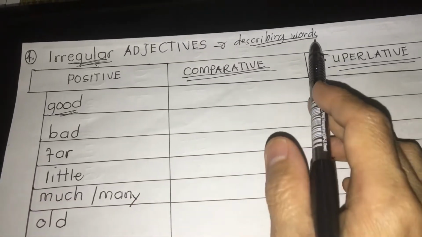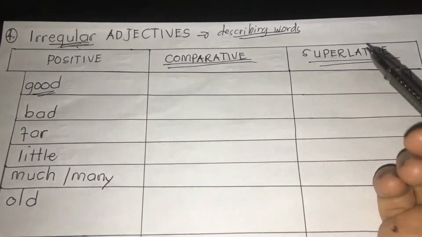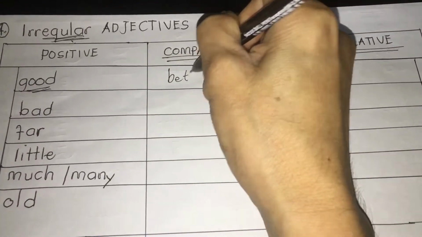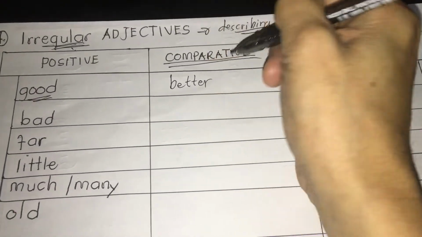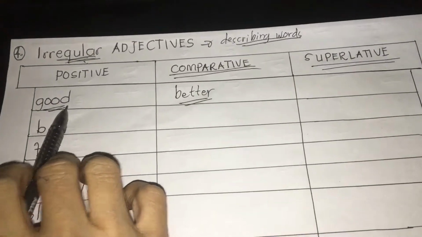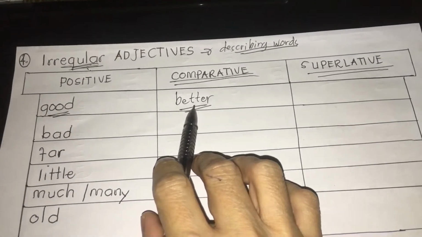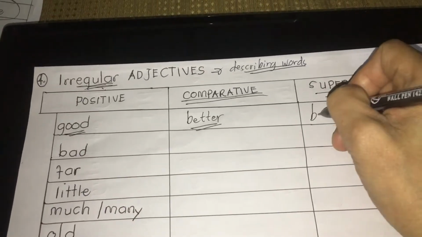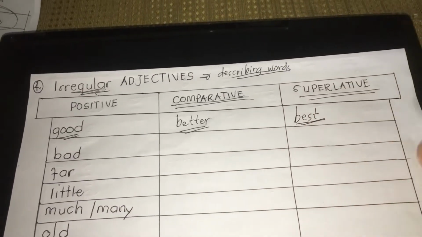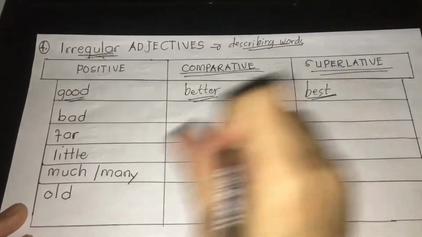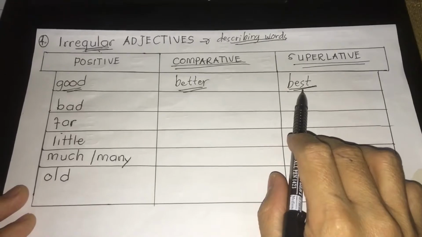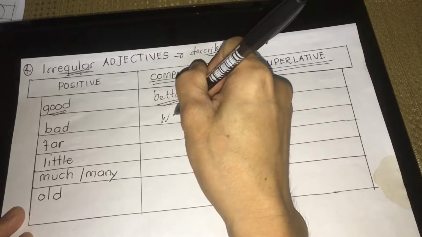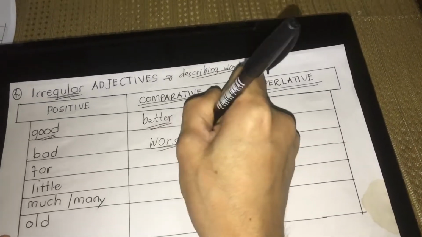Good, in comparative, becomes better. What about in superlative? Good, better, then remember class, this is the superlative form of the word good: best. What about bad? I think we have worse, in comparative.